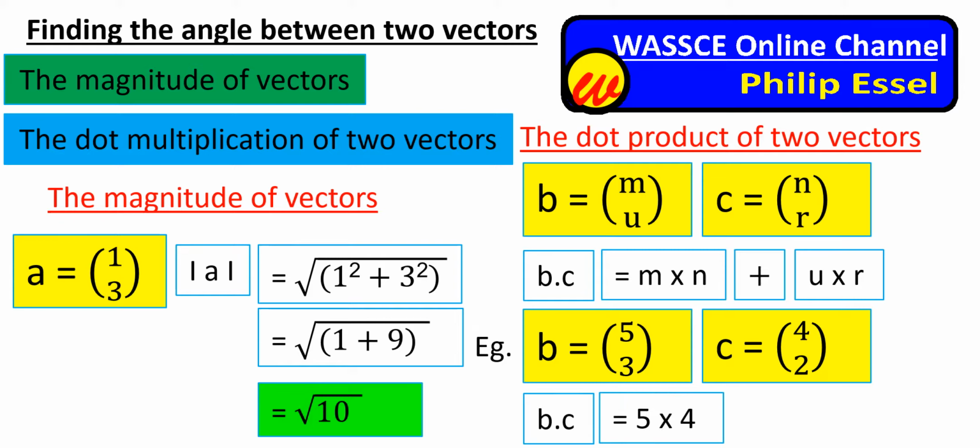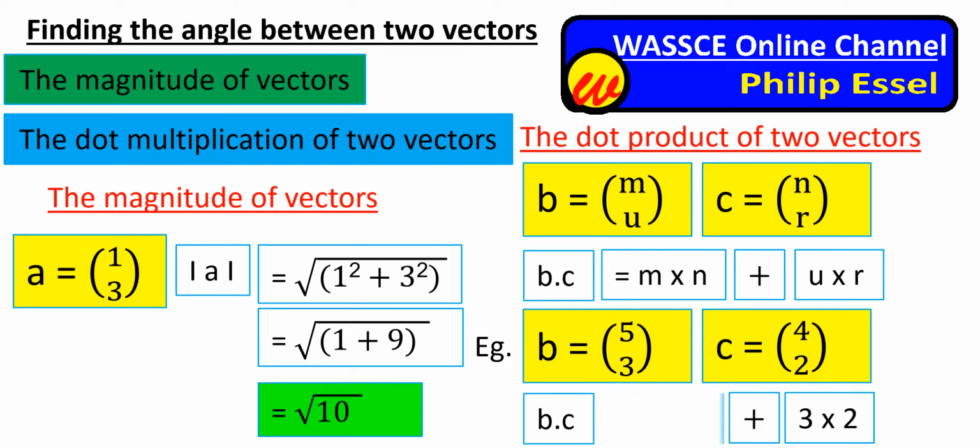Then our plus sign, followed by our y components multiplied together, and here the y components are 3 for the vector b and 2 for the vector c, so we multiply 3 and 2 together. So 5 times 4 would be 20, and 3 times 2 would give us 6. The 20 plus the 6 would give us 26.